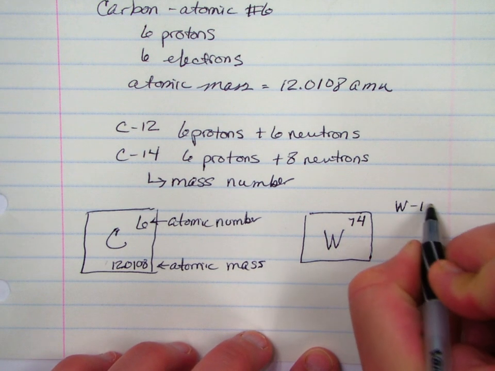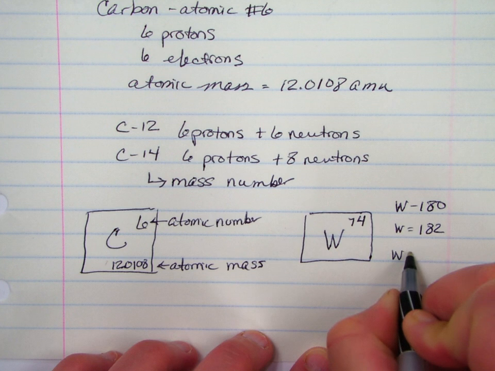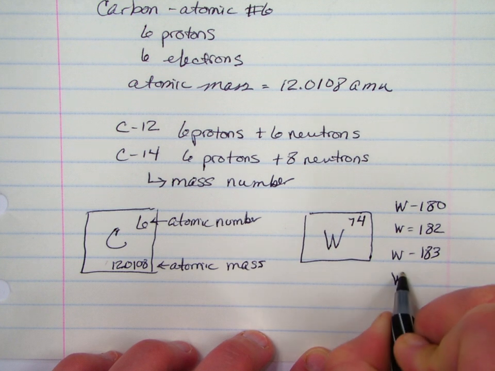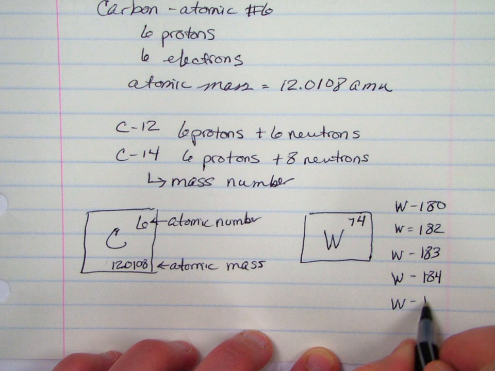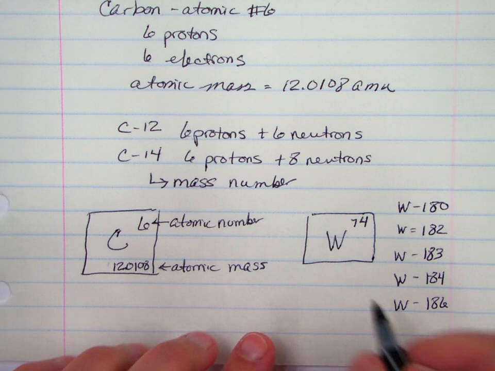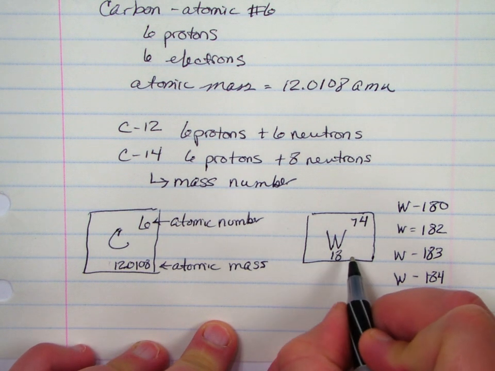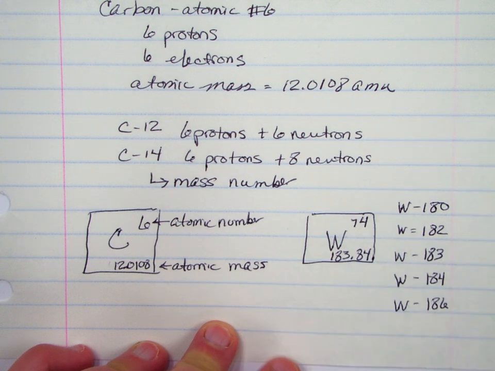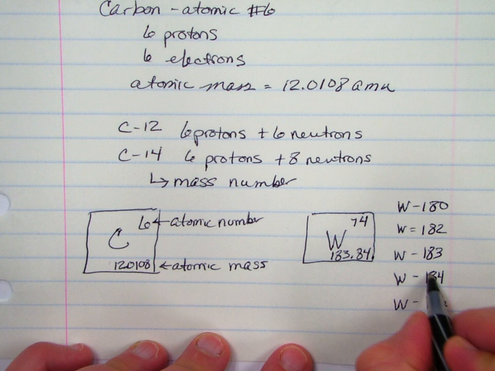We have tungsten 180, tungsten 182, tungsten 183, tungsten 184, tungsten 186. And did I get them all? I did. And the average mass of a tungsten sample, the atomic mass of it, is 183.84, which tells us that 183, 184 are probably the most common ones.